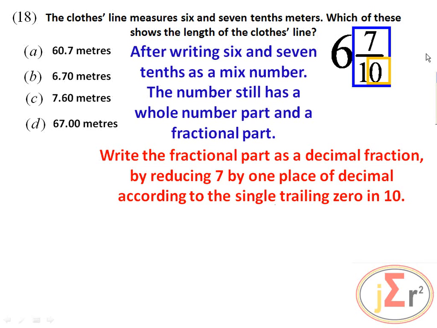So when we are writing a decimal fraction, if we have a power of 10 in the denominator, the number of zeros will tell us the number of places of decimal by which we need to reduce the number. We have only 1 zero, so we will reduce by only 1 place of decimal, and that we have done before. So there it is.